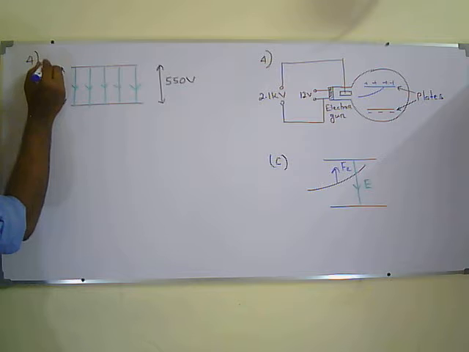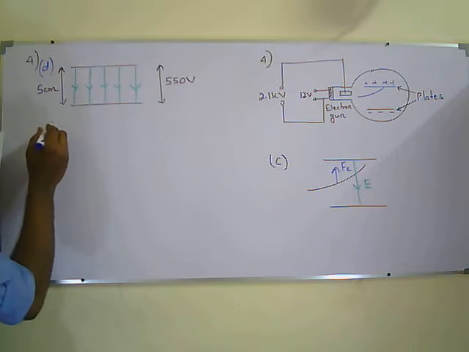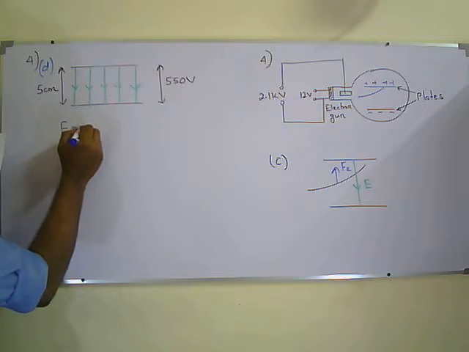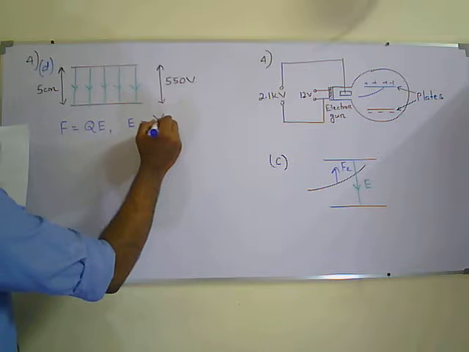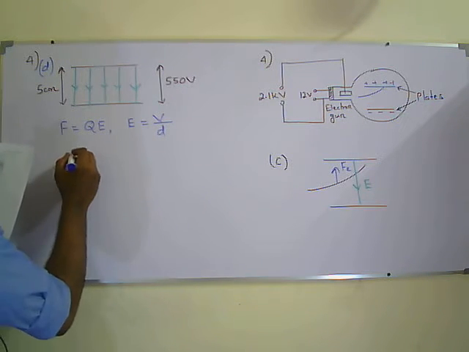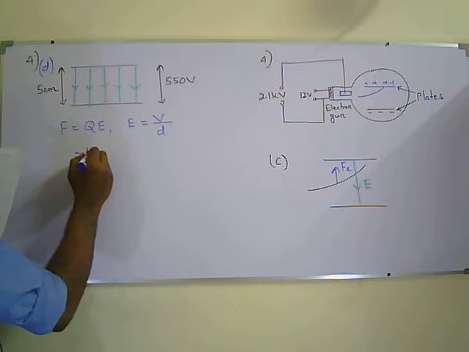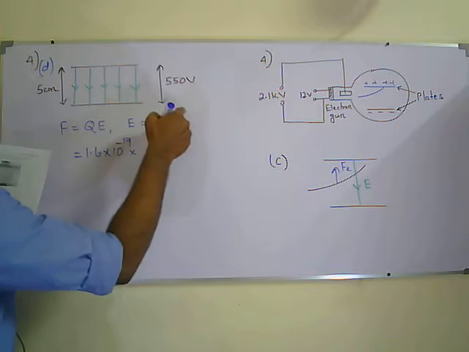Okay, I'm answering part D now, question number 4, page number 7. I can say F equals QE. We know the equation, and E equals V over d for the uniform electric field. So the electrostatic force: the charge of an electron is 1.6 × 10^-19, E equals V over d.